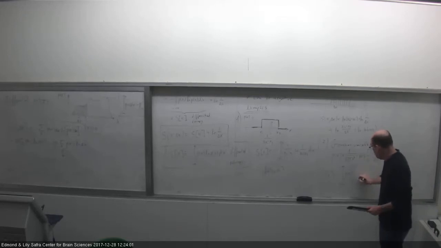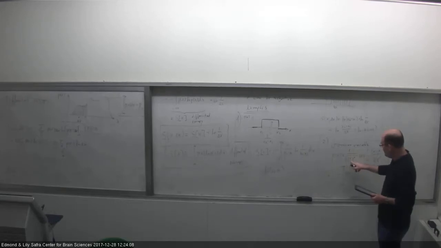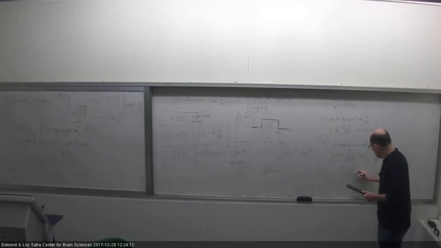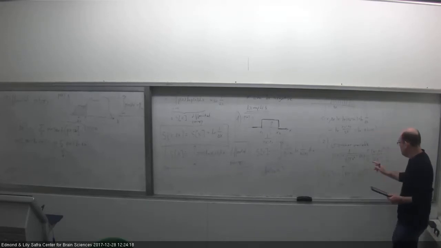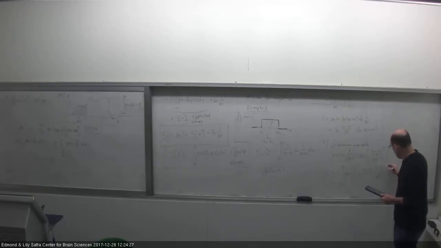And now I have the ln of this. So the ln of this part will be minus ln of square root of 2 pi sigma squared. And the ln of this is minus x minus mu squared divided by 2 sigma squared, dx.